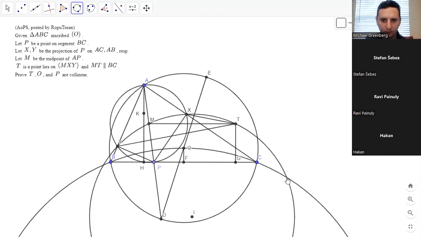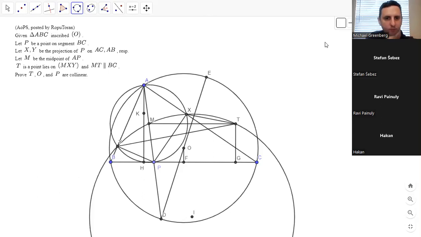Yeah, I'm not sure. Would it be this point? I don't know. I think we need to find something special about point G.